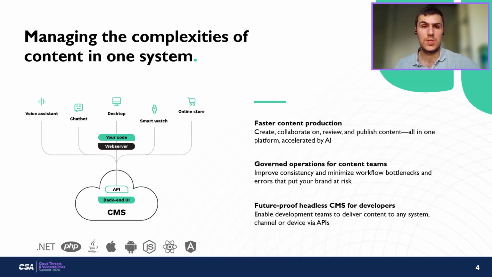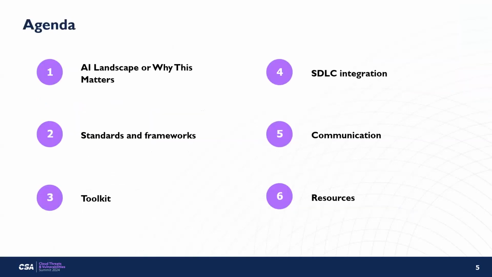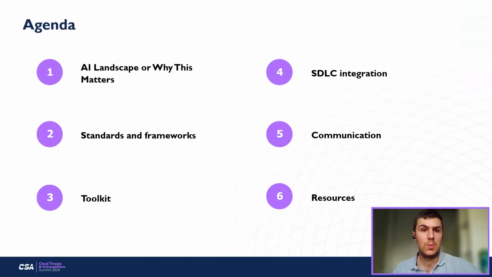So without further hesitation, let's just jump into it. What we will cover today is some motivation in the very beginning. We'll look at the AI landscape and why this is important. We'll look at standards and frameworks which are already in place and you can start utilizing today, as well as toolkits.